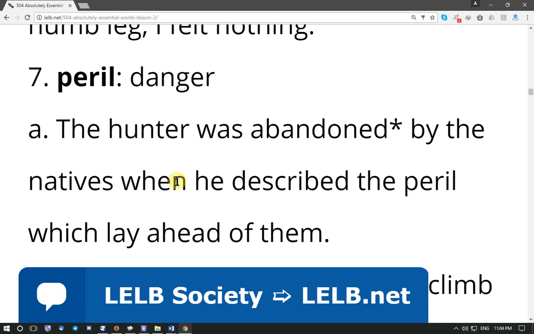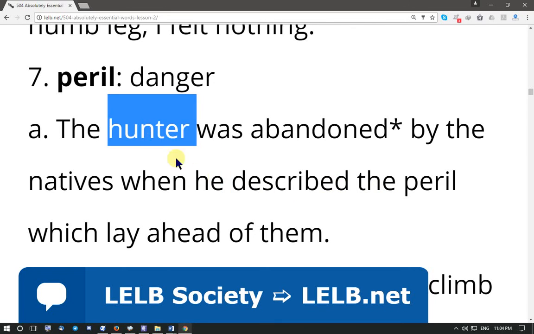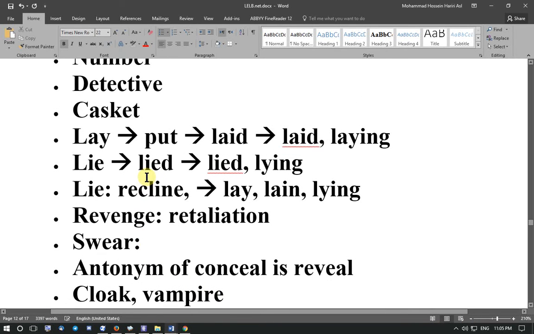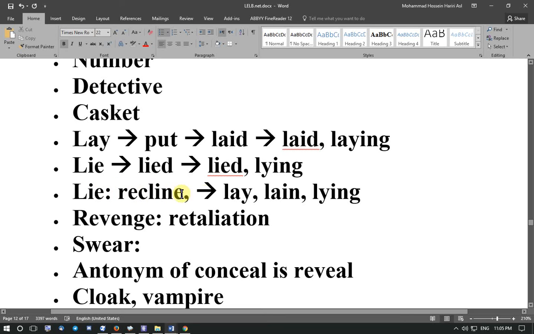When he described the peril, so he refers to the hunter, he described the peril or danger which lay ahead of them. Remember, lay, I explained it to you here. It is the past tense of lie, which means recline.